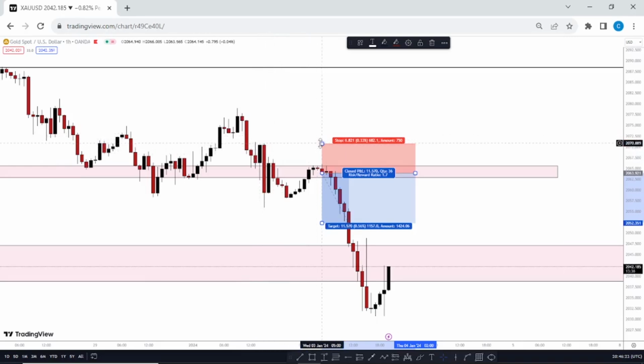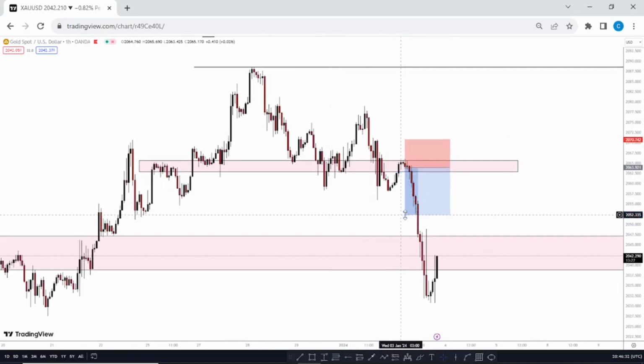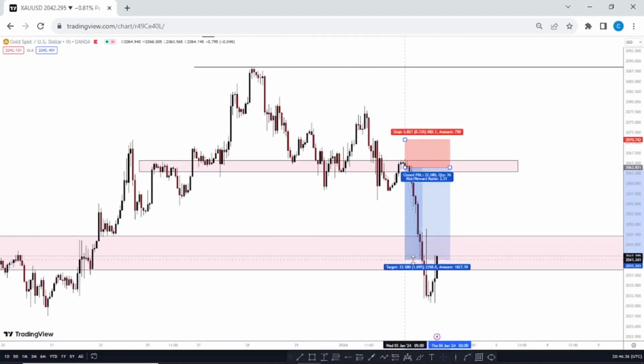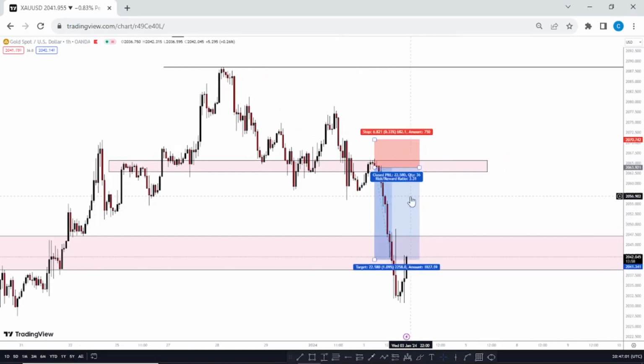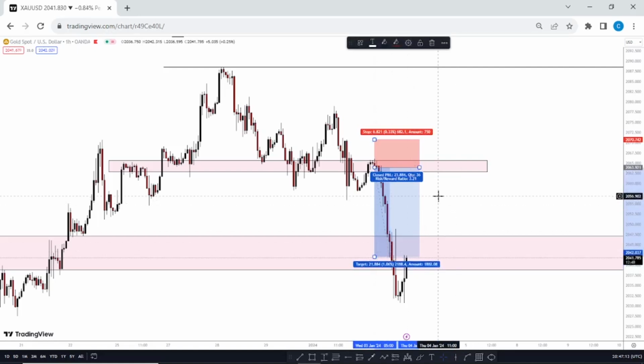So I placed my stop loss right above this lower time frame structure, and my take profit at our H4 key level, which gives us a risk to reward of 1:3.3, risking 68 pips to make 218 pips. You get me? As simple as that.